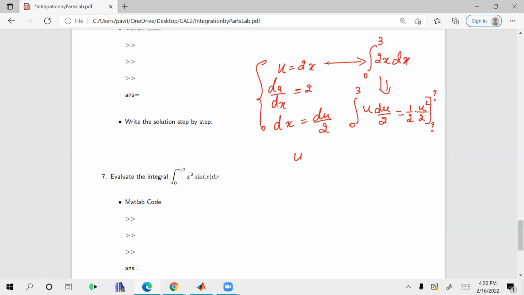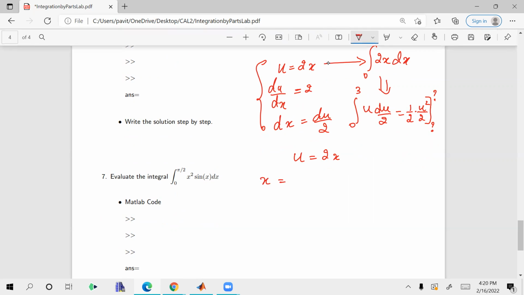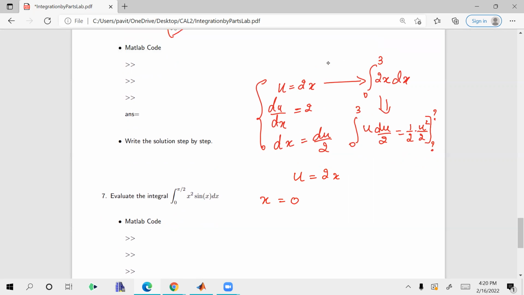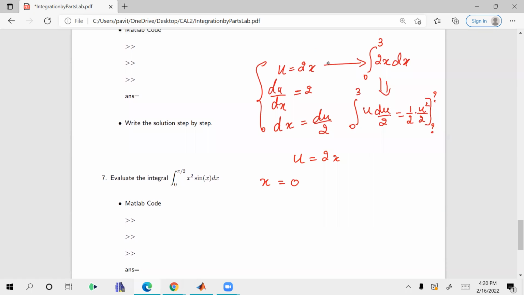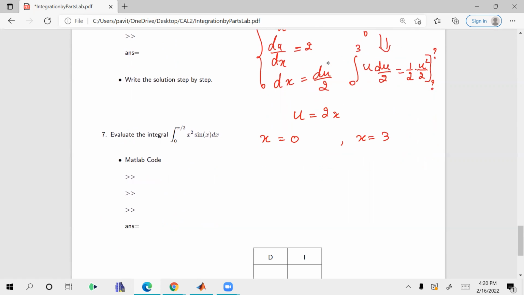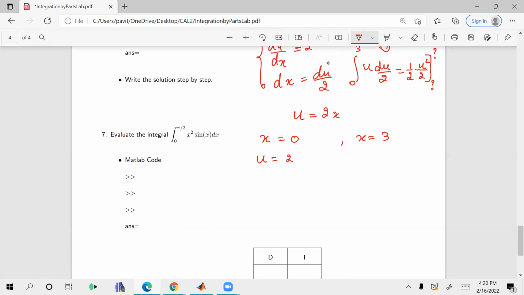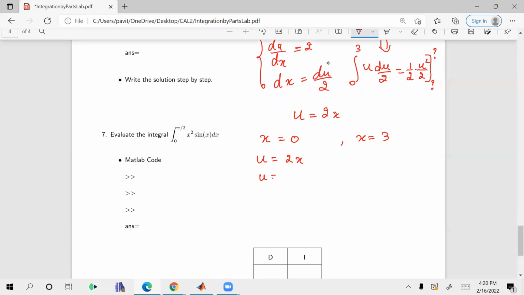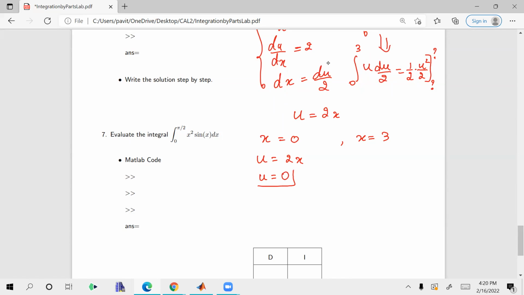So remember, you took u equal to 2x. Now you have limits for x, not for u, right? The limits which are given are for x, not for u. x equal to 0, x equal to 3. Now u equal to 2x. When x equal to 0, u is 0. When x equal to 3, u equal to 6.